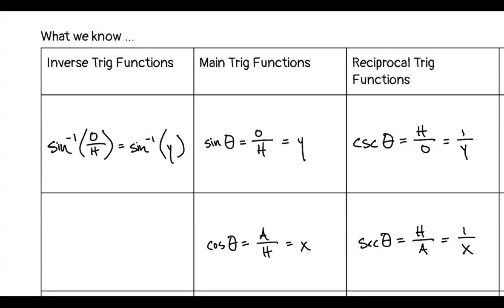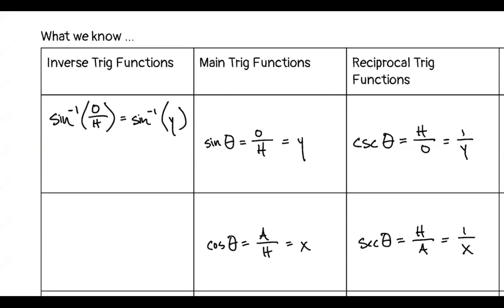So now let me maybe talk this out a little bit more. If I had a right triangle problem, I might use this one. But if I had a unit circle problem, I might use this one. All right, so that same decision making still applies.